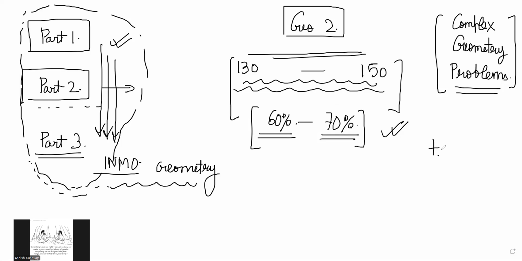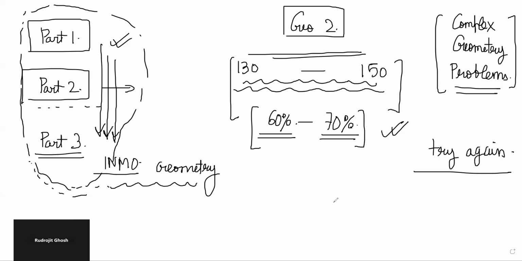Try again. If you can't do it, try again. Sir, if I have done this question once, then after a break I have tried the question again, but then also I can't, so then I wait for it. Wait for the solution then.